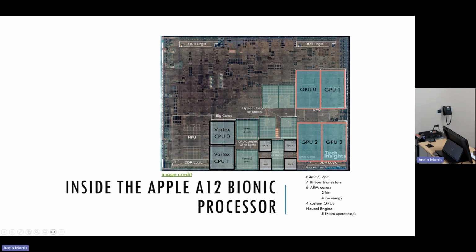One other thing on the A12 Bionic is this NPU. The NPU is a neural processing unit, so this is an accelerator. In order to get real-time feedback for their machine learning applications, they can't run it on the CPUs.